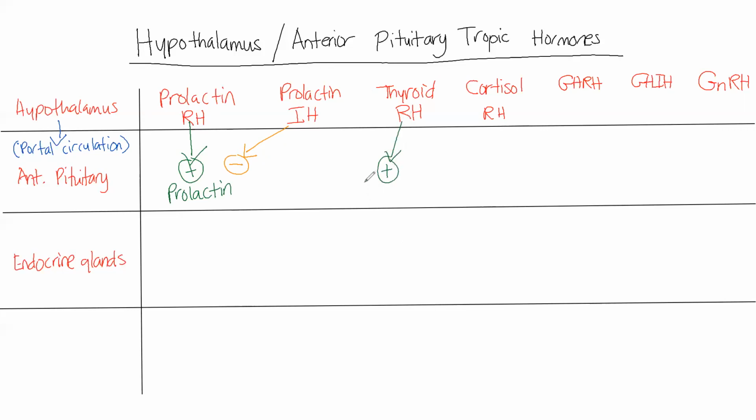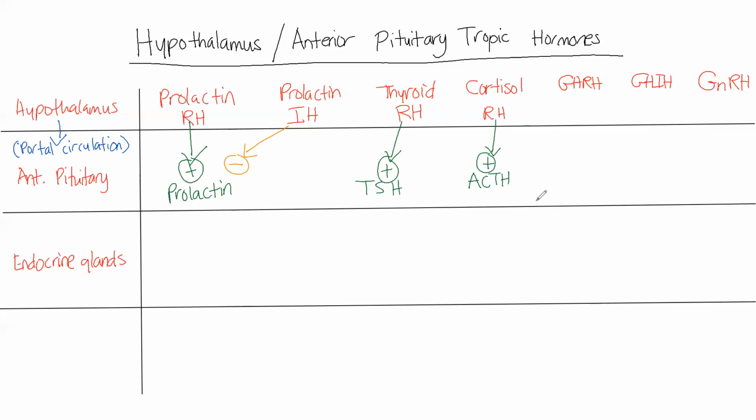So again, I'm going to put a plus arrow and I'm going to put TSH. Then we've got cortisol releasing hormone, which stimulates ACTH from the anterior pituitary. Again, a plus sign here. This is the trophic hormone that's released, ACTH.